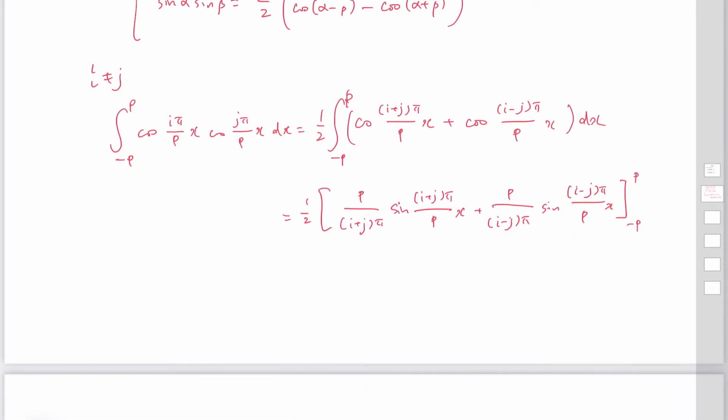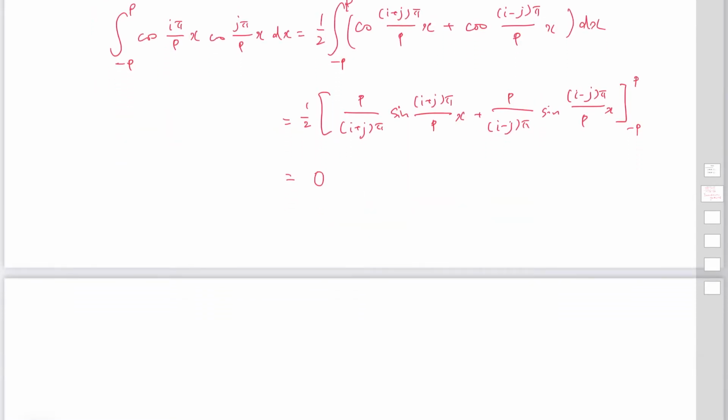If you substitute x equal to p, the sine of an integer multiple of pi becomes 0. Also if you substitute x equal to minus p, it also becomes an integer multiple of pi, so it becomes 0. So you can easily find this becomes 0.